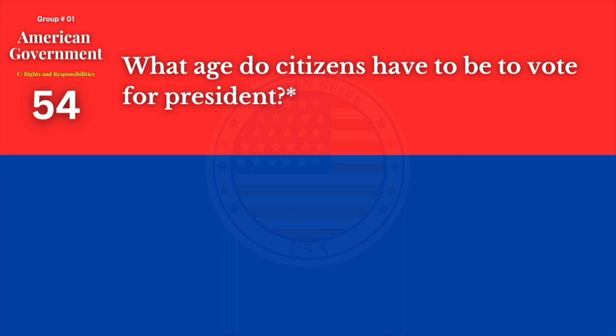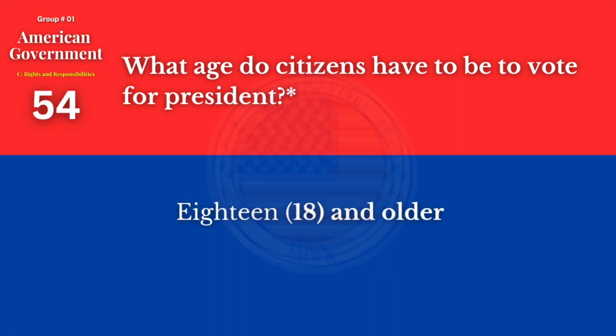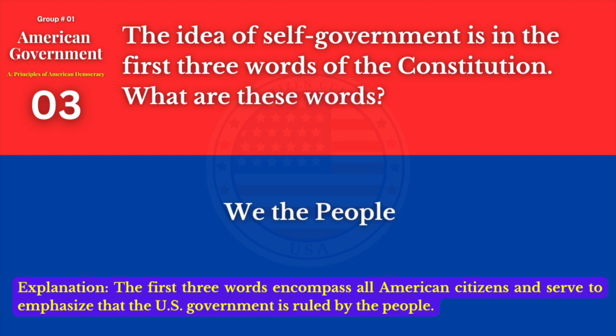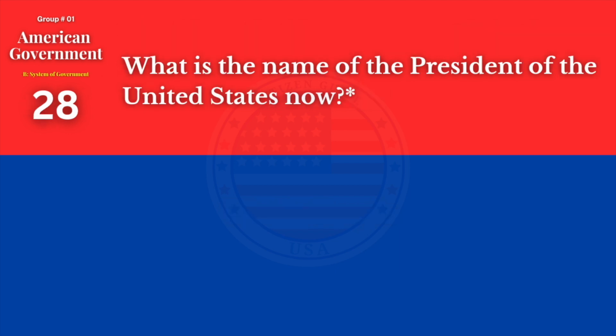What age do citizens have to be to vote for president? 18 and older. The idea of self-government is in the first 3 words of the Constitution. What are these words? We the people. What is the name of the President of the United States now? Joe Biden.